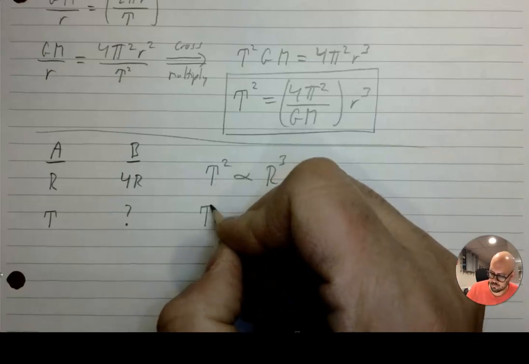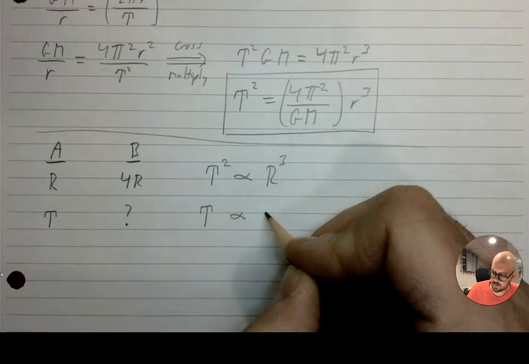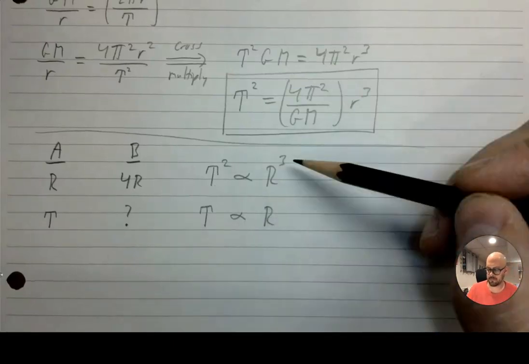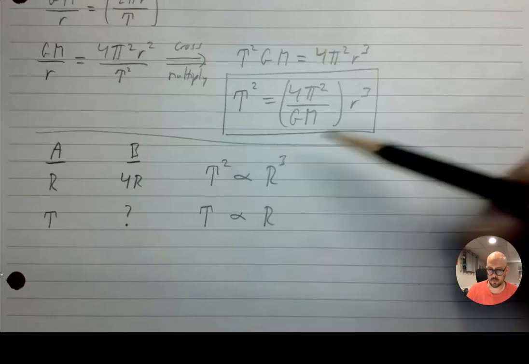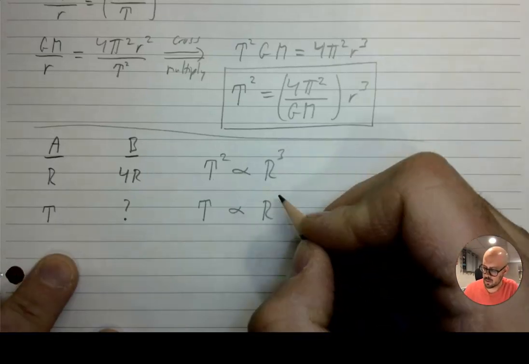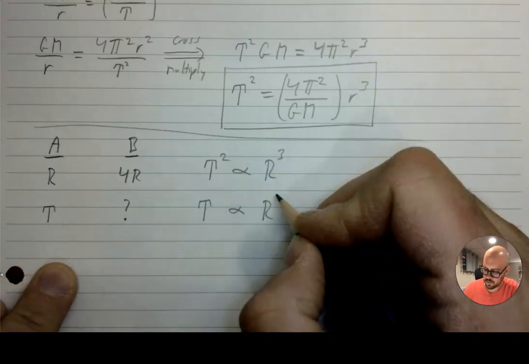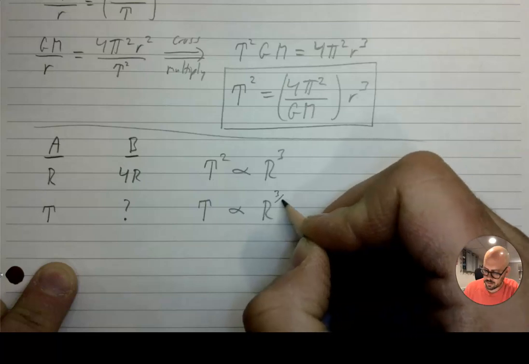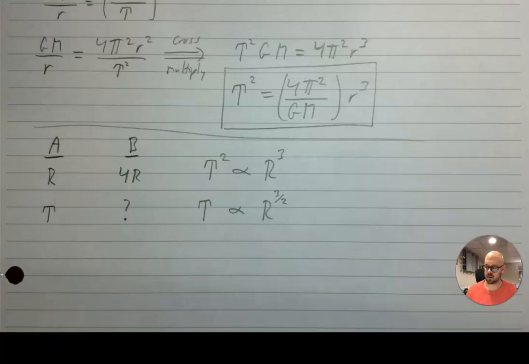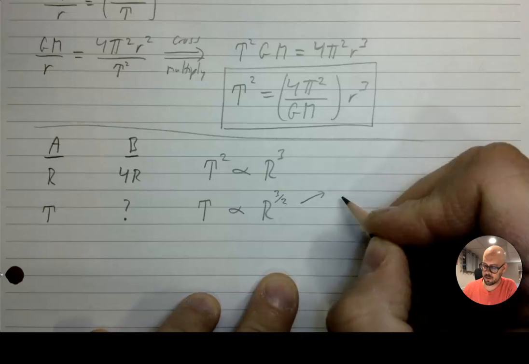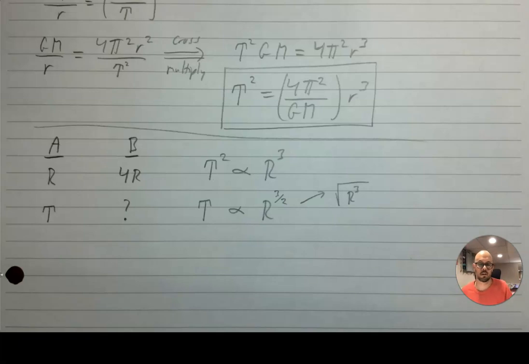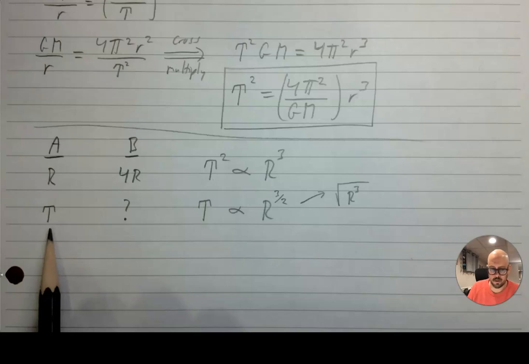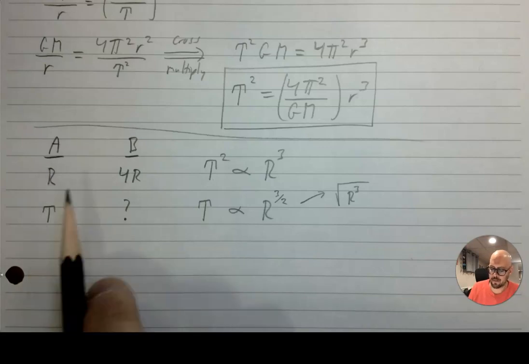The way that works with exponents, if I wanted to take the square root of something that's cubed, I would divide this exponent by 2. So the orbital period is proportional to the radius to the 3/2 power. If you prefer writing that differently, it could be the square root of r cubed, and it comes to the same thing. The orbital period of A is tau.